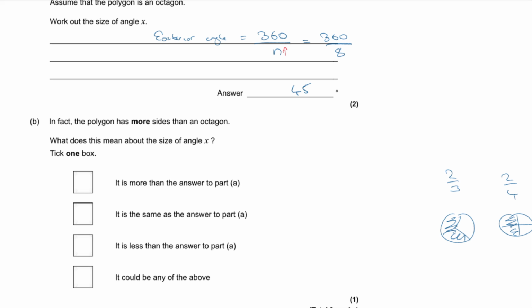So if you make the denominator bigger, then the amount of space you've got is actually smaller. So if I increase the divisor here, my number is going to end up being smaller than it was. So if it's not an octagon, it's got more sides, then the exterior angle is going to be less. So it is less than the answer to part A.